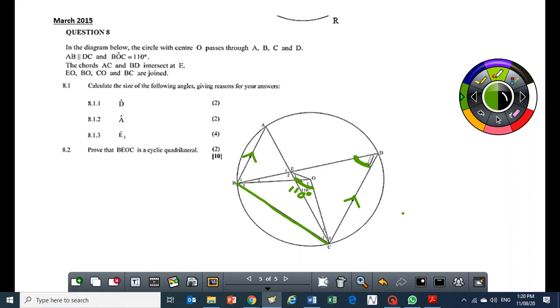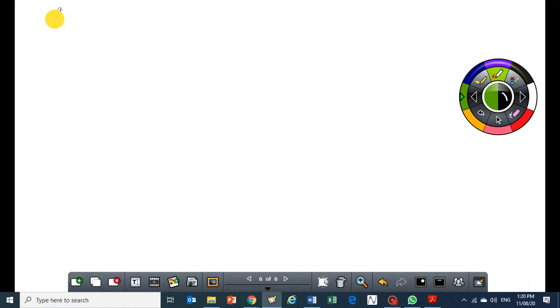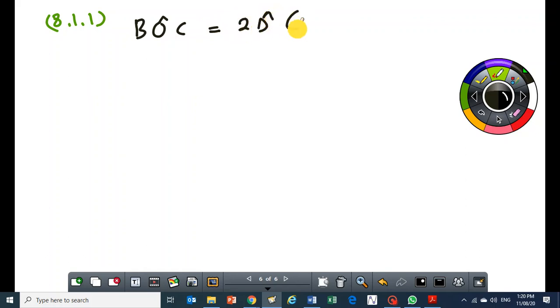So 8.1.1, we will say BOC is equal to 2 times angle D. And our reason, angle at center is equal to 2 times angle at circumference.